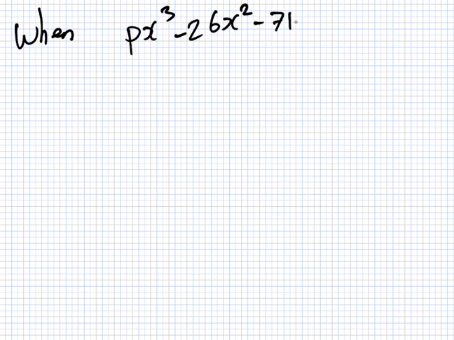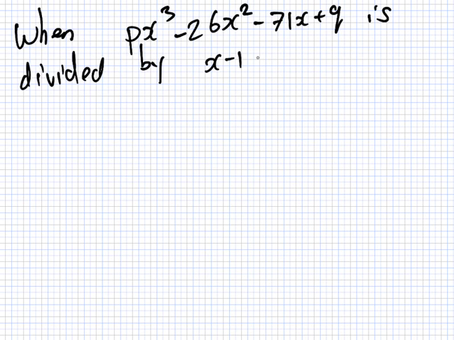Okay, so I would say, for example, let's make them not factors this time. Let's say something like when px cubed minus 26x squared minus 71x plus q is divided by x minus 1, the remainder is 9.